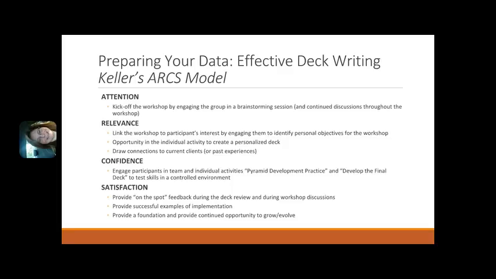The lecturer will provide examples of successful implementation using these strategies, as well as on-the-spot feedback to support satisfaction. Finally, participants will be offered the opportunity to revisit the workshop objectives to ensure all objectives were met, where the instruction wrap-up will call attention to the workshop serving as just a baseline, not the final solution for deck writing, providing an open-ended opportunity, showing that this workshop provides a foundation or a benchmark for future success within the area.